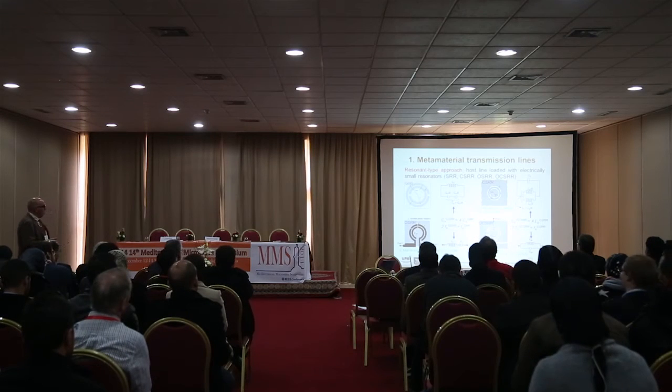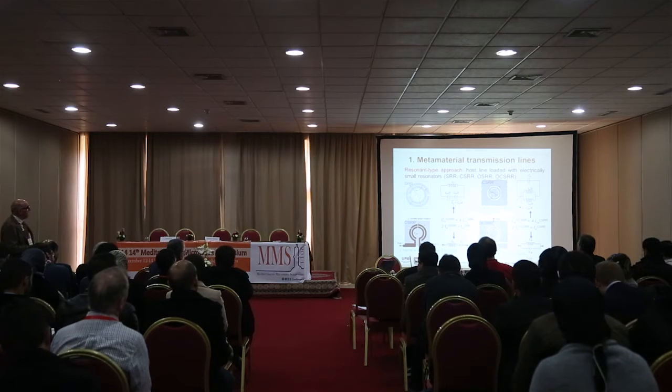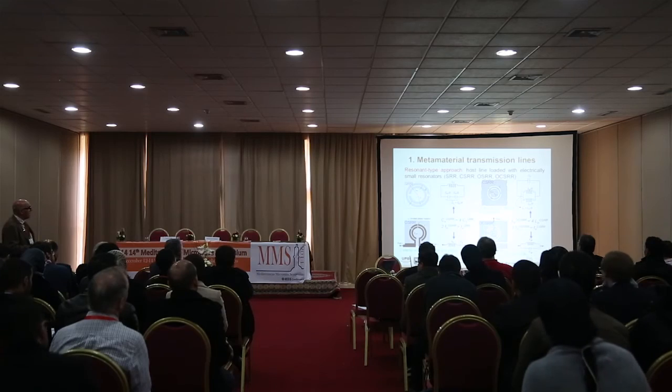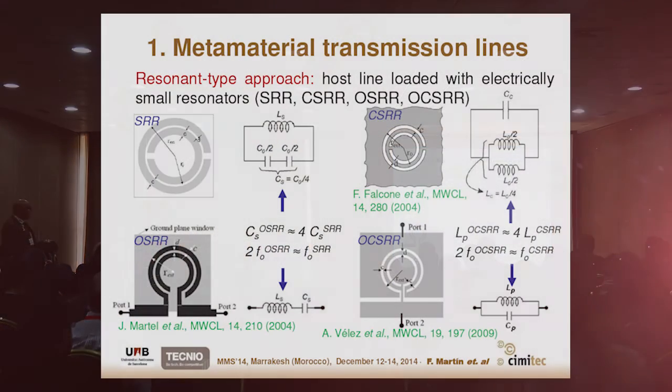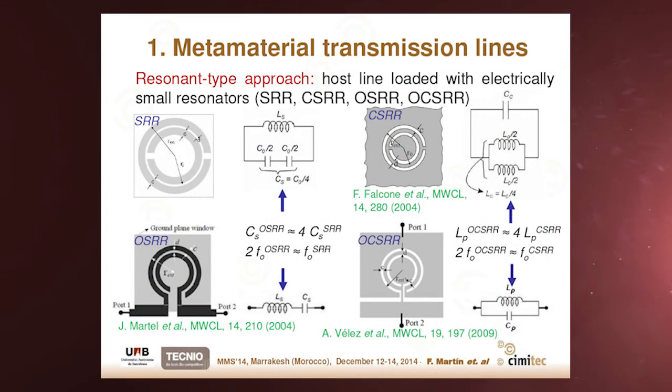Probably most of you are familiar with these resonant elements. The SRR can be excited typically by a time-varying magnetic field, okay? And this structure can be modeled by this circuit, which exhibits an inductance and the 2 capacitances here, which are the series connection of the capacitance of the upper and lower halves of the structure.